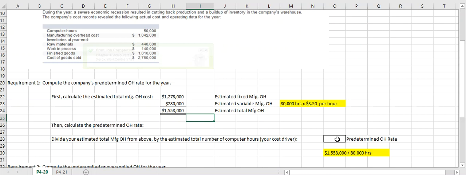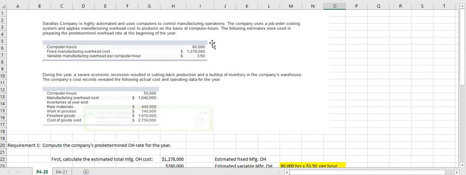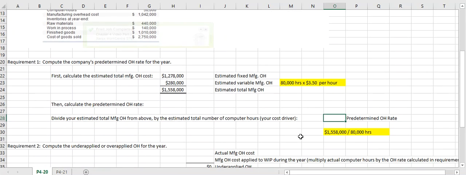So to calculate a predetermined overhead rate, we're going to take our total overhead and we're going to allocate it by computer hours. So we're going to divide it by the total number of computer hours we're estimating that are going to be used during the year. So if we go back up here in our instructions, again it was 80,000 computer hours we're estimating that we're going to use.